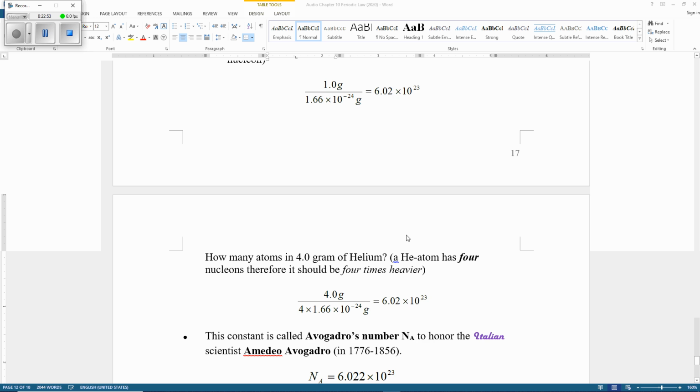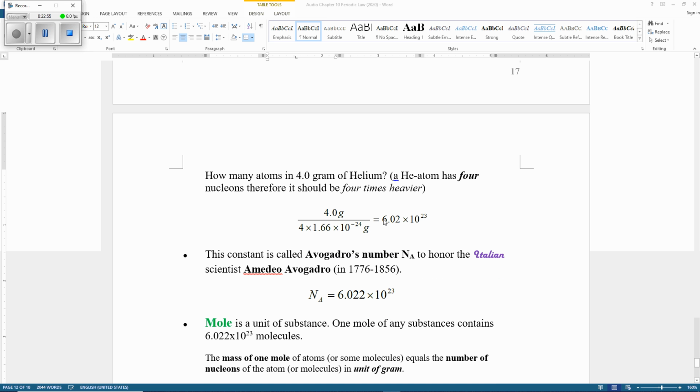Now for the second example, let's check helium. Helium has 4 nucleons, 2 protons plus 2 neutrons. So we can imagine the mass must be 4 times that of hydrogen.